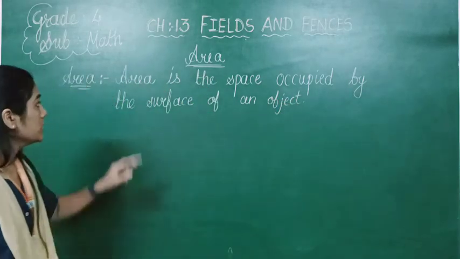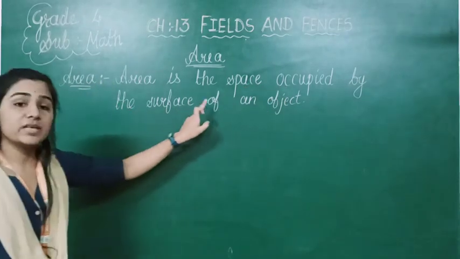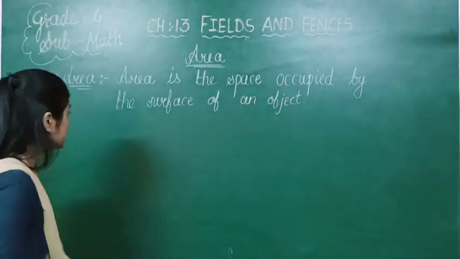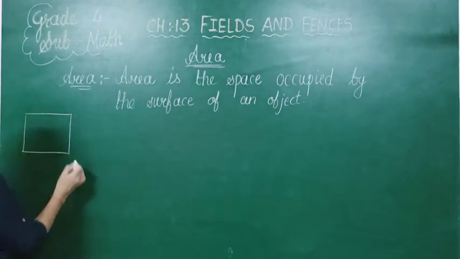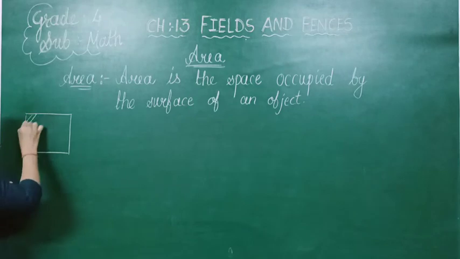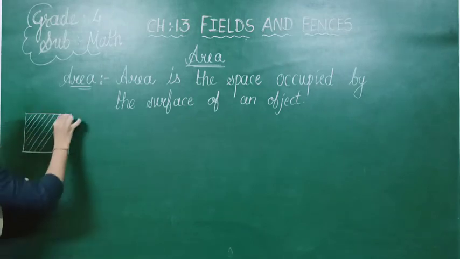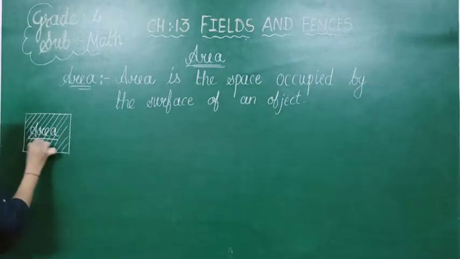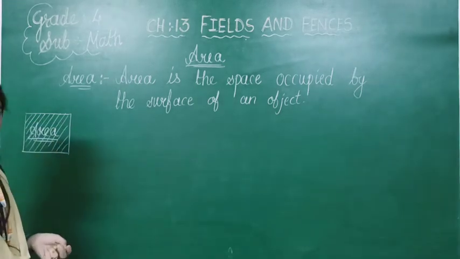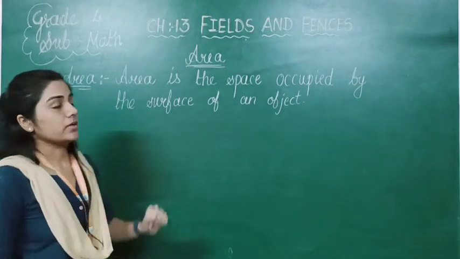Again I am repeating, area is the space occupied by the surface of an object. Means if I am drawing here one shape or one object, whichever space is given inside this border, inside this shape, is called area. This total area, right? Inside this border, that is called area.